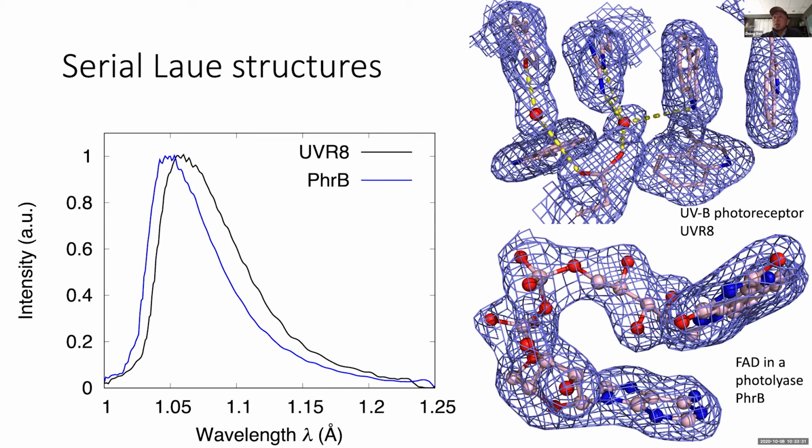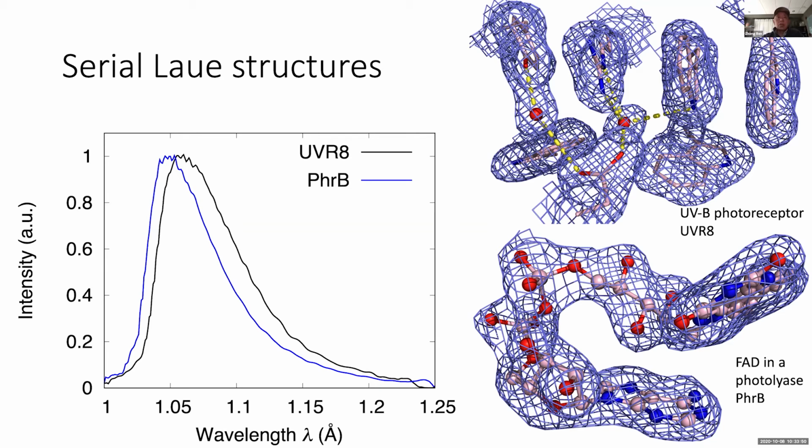And these are a small portion of a protein that shows you the active center where the water is interesting in this particular project. And then here's the FAD cofactor for another protein.